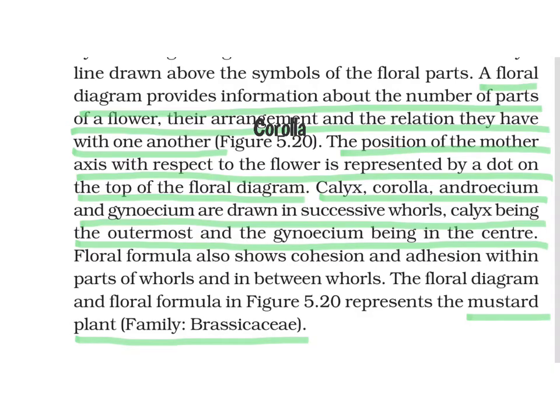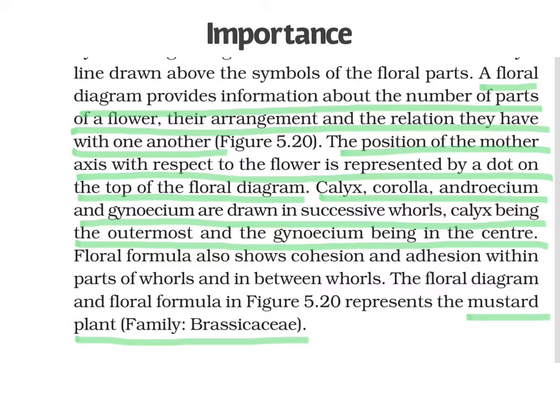Now in this description we will see the importance of this symbolic representation of floral parts. A floral diagram provides information about the number of parts of a flower, their arrangement, and even the relation they have with one another.